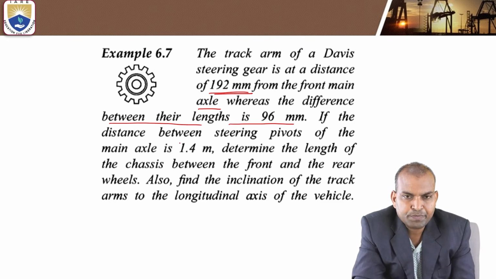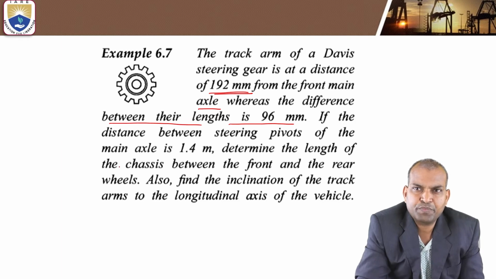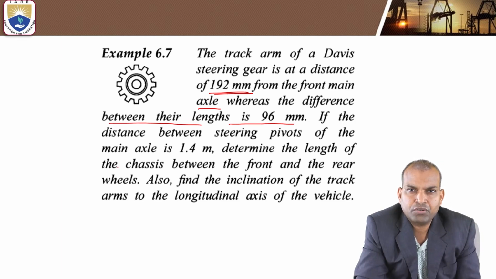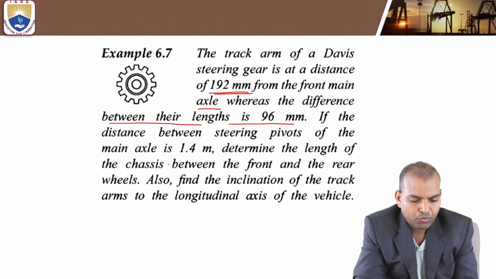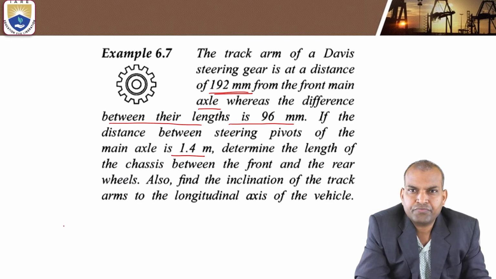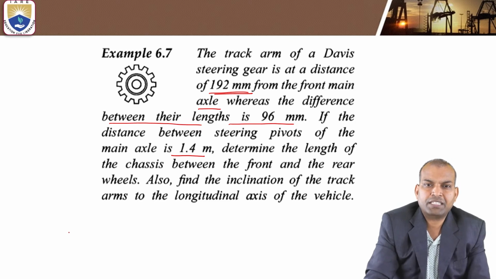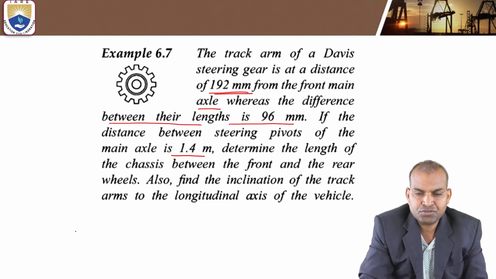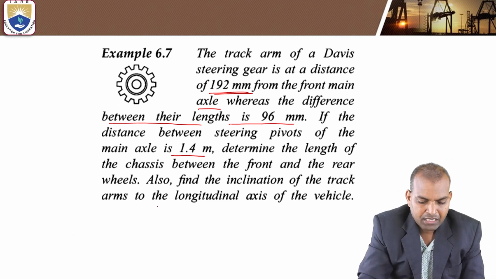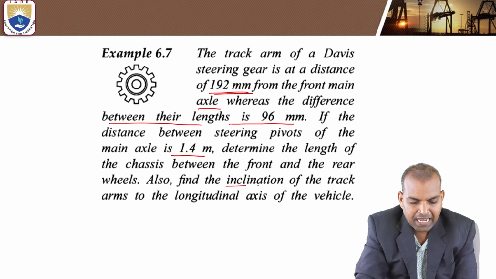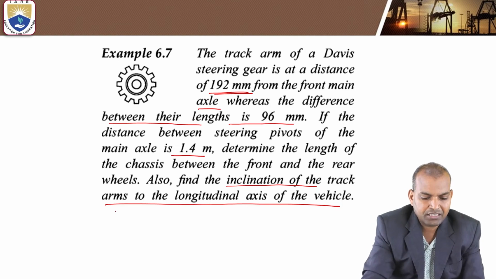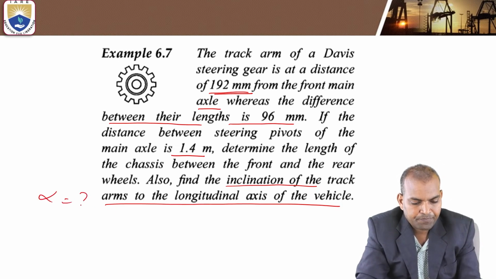If the distance between the steering pivots of the main axle is 1.4 meters, determine the length of the chassis between the front and the rear wheels. Also find the inclination of the track arms to the longitudinal axis of the vehicle, that is alpha.